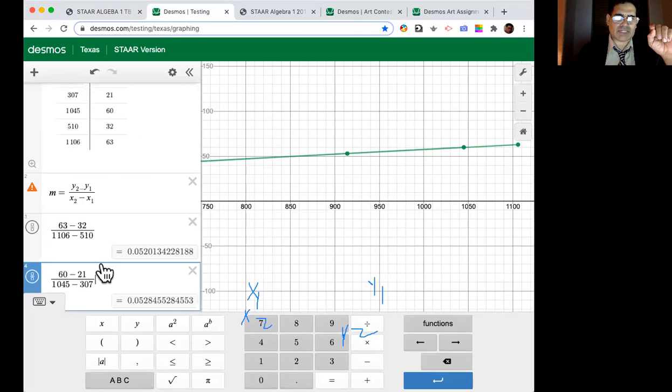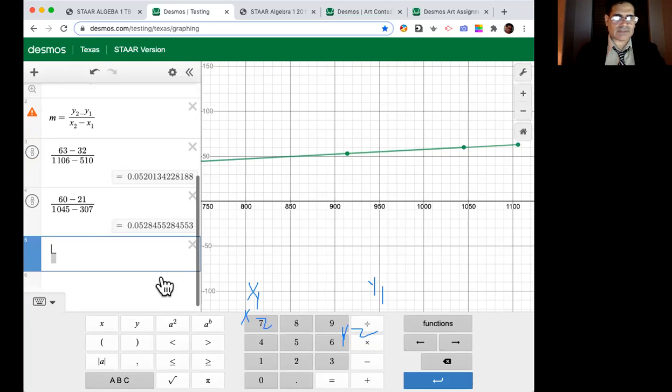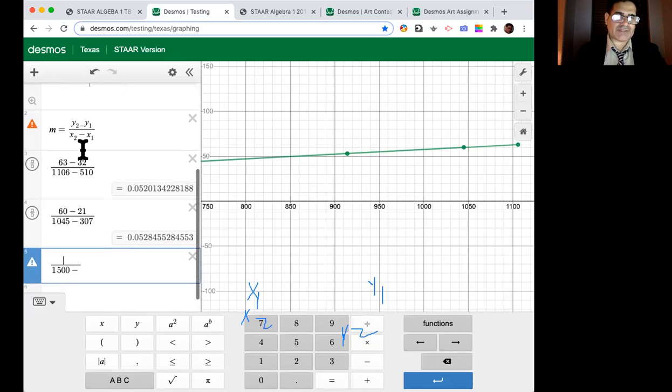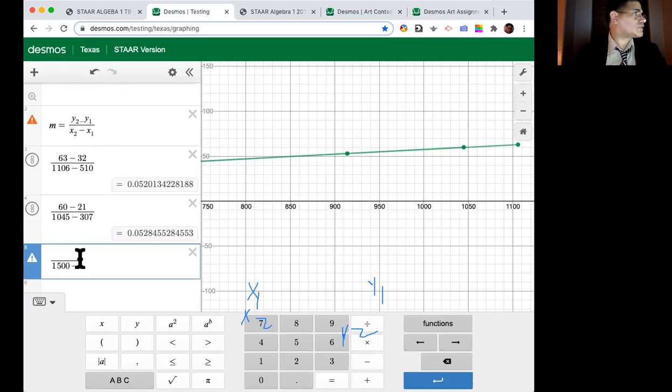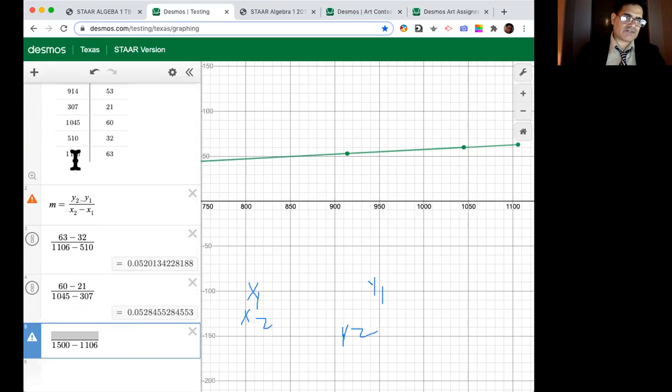Let's let Desmos handle this. So we have a fraction, and it's 1,500 people minus some number, and that some number is 1106, isn't it? Yeah, 1106. Okay, that's 1,500 over 1106.